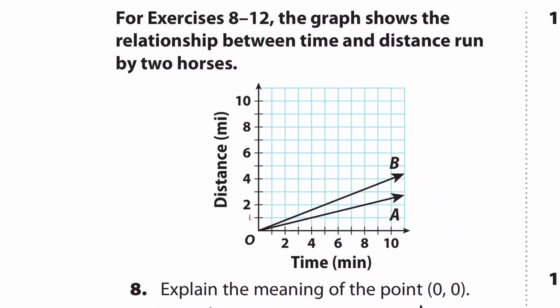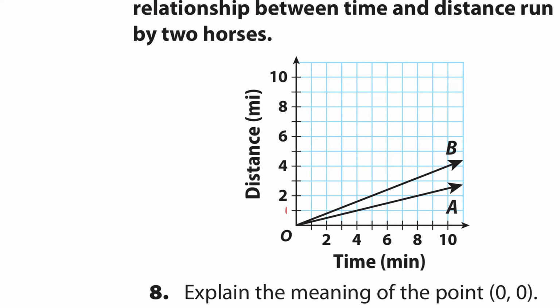So for A, we need the K, the constant of proportionality, which is the y value over the x value. Let's go for A first, and then for B. I see that this crosses the grid here. That's a nice spot. And then it crosses the grid also right here.